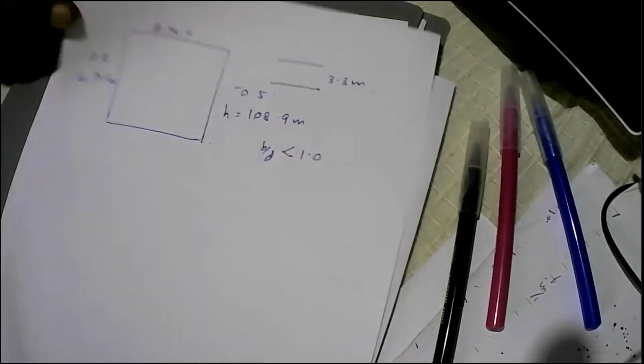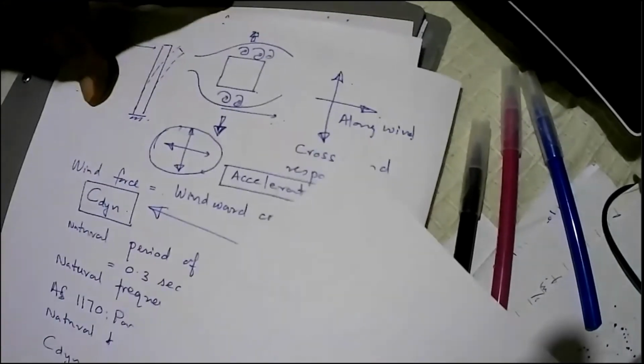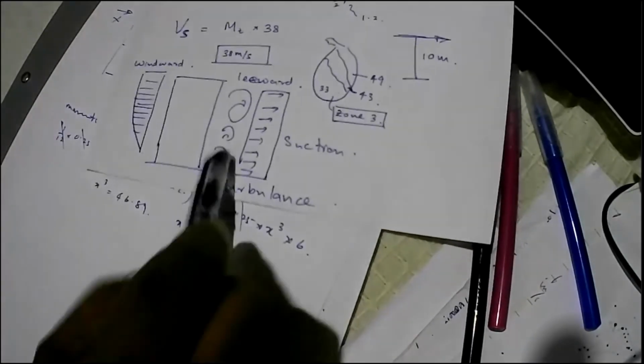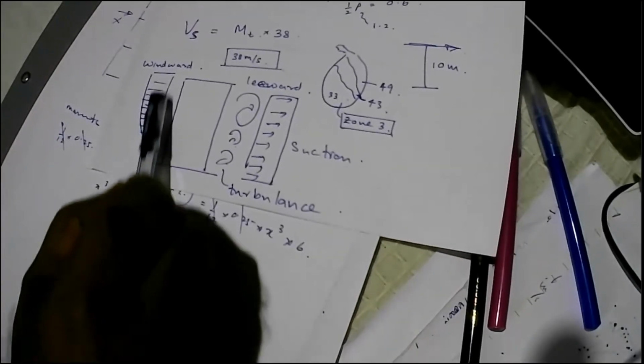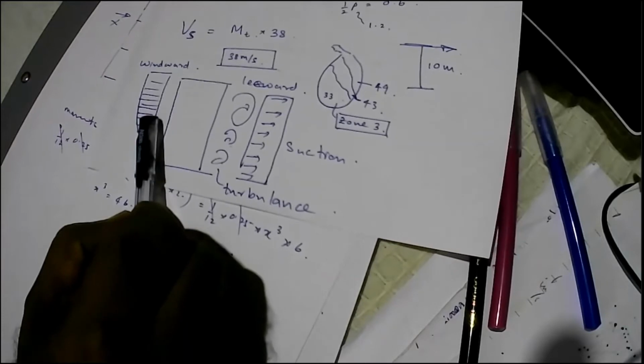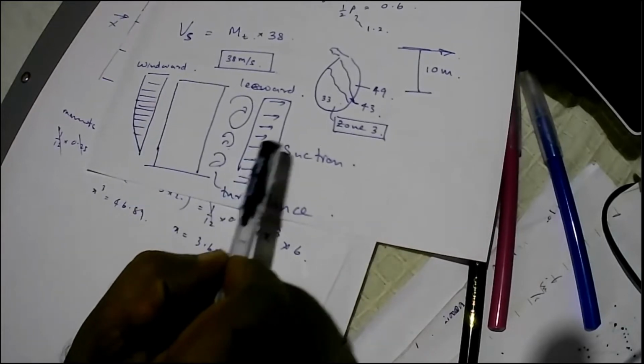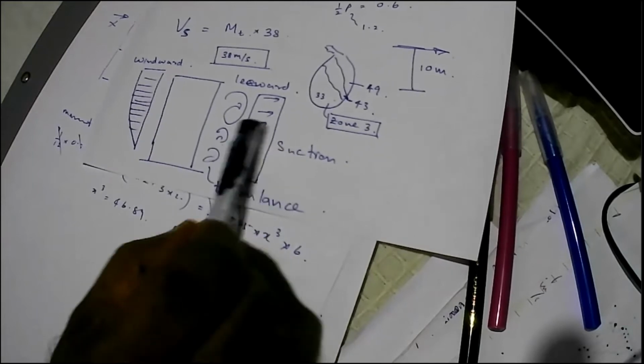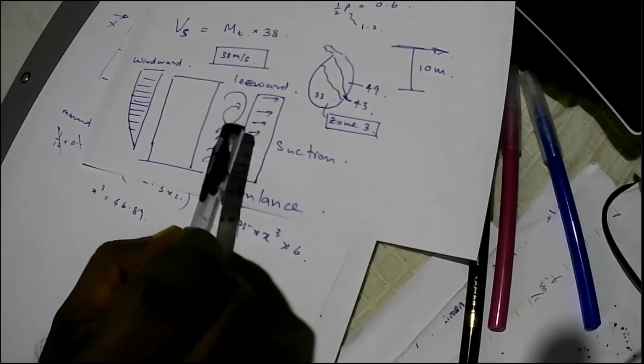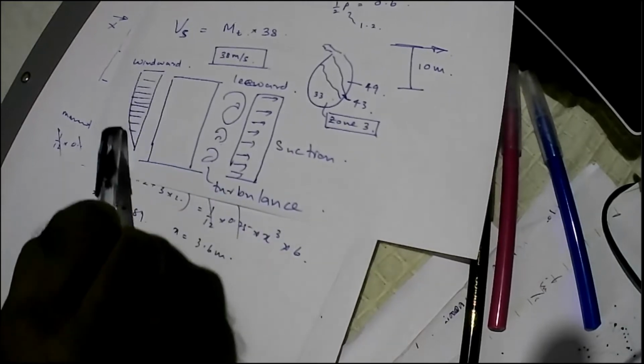Here you can see wind speed is variable on the windward side, it's fixed on the leeward side. So the wind component can be taken out of the equation on this side, but on this side it has to be part of it.